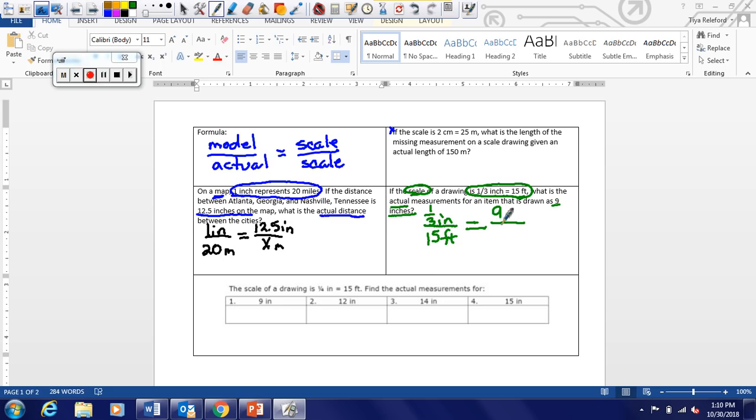The other number you have is 9 inches, so you are looking for X feet. So you have 1/3 X equals 15 times 9.